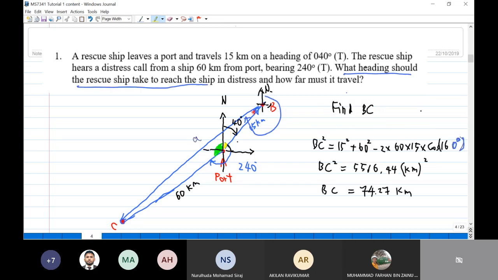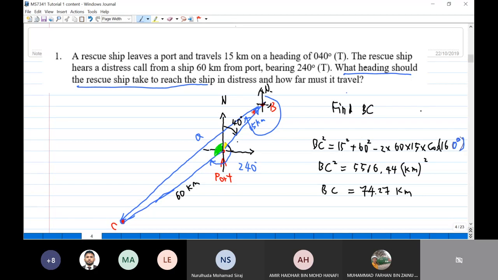The cosine law is for me to find the side A, the side opposite angle A. Let me erase again to show you. This is A here. So this is actually the side A now. The naming of the side is opposite the angle, right? So A is the part there.